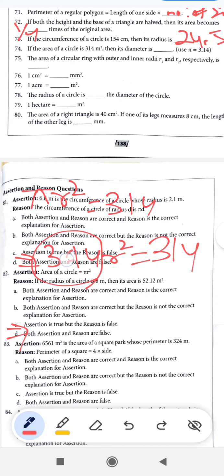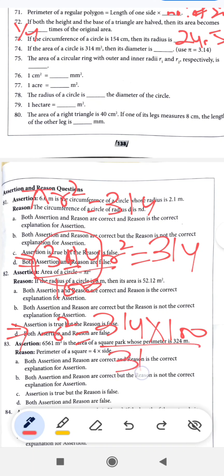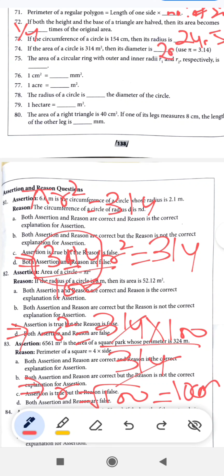So r square is equal to 314 into 100 divided by 314. So this 314 cancels out. Now r is equal to square root of 100, that is equal to 10 centimeter. Okay, it is asking about its diameter. So if radius is 10, then diameter is equal to 20.